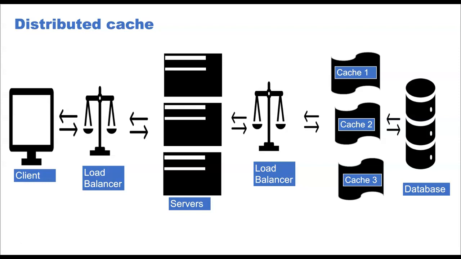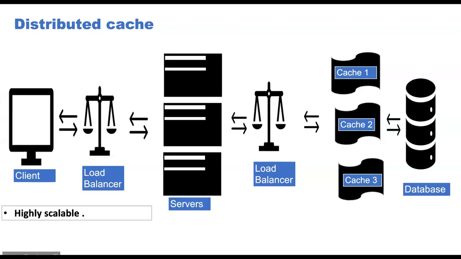Using the distributed cache concept, we can build highly scalable applications. And one more advantage is that there is no single point of failure, because, for example, if cache 1 service fails, there is no impact on cache 2 and cache 3 services.